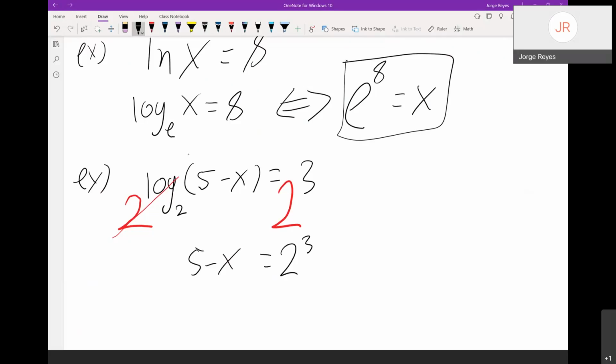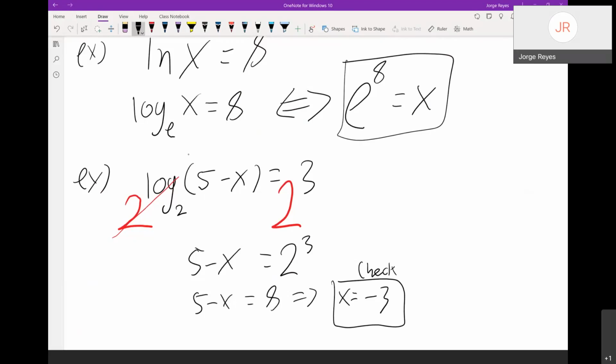So this you can solve. 5 minus x equals 8. So x equals negative 3. Then recall, for every single log equation and exponential, you should check the domain.